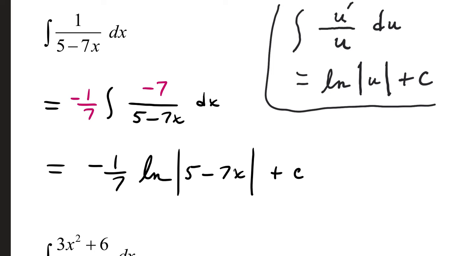Our first example today was the integral of 1 over 5 minus 7x dx. The denominator, if you were to take its derivative, you would get negative 7. Well, we don't have negative 7 in the numerator, but if it's a scalar value, you can multiply in the actual derivative.